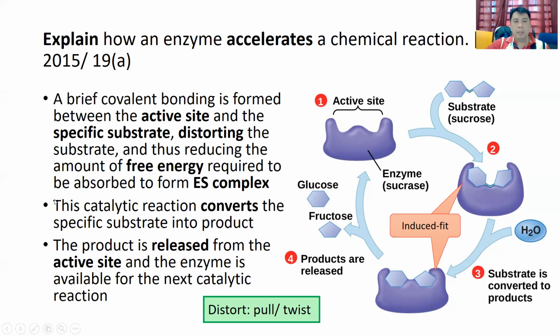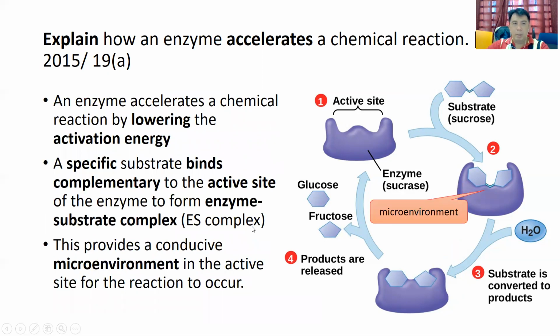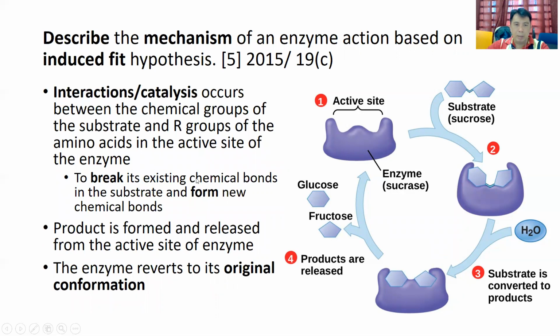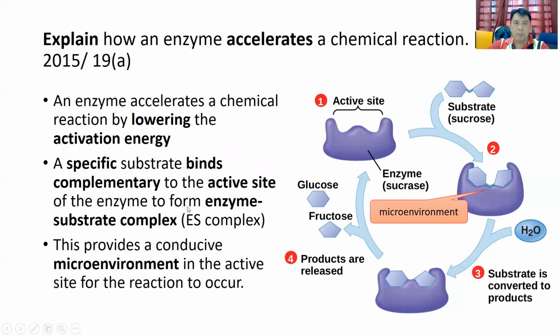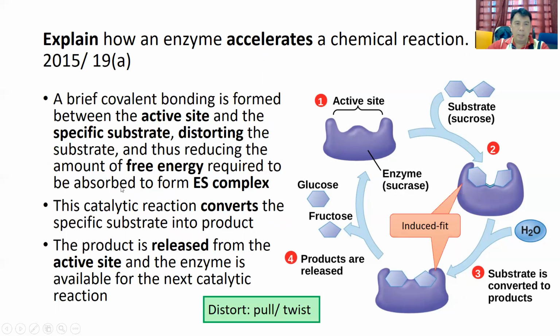Then these catalytic reactions convert the specific substrate into product. Like in the previous question, if you want to apply this sentence, also can: to break down the existing chemical bonds in the substrate and form new bonds in the product. The product is released from the active site and the enzyme is available for the next catalytic reactions.